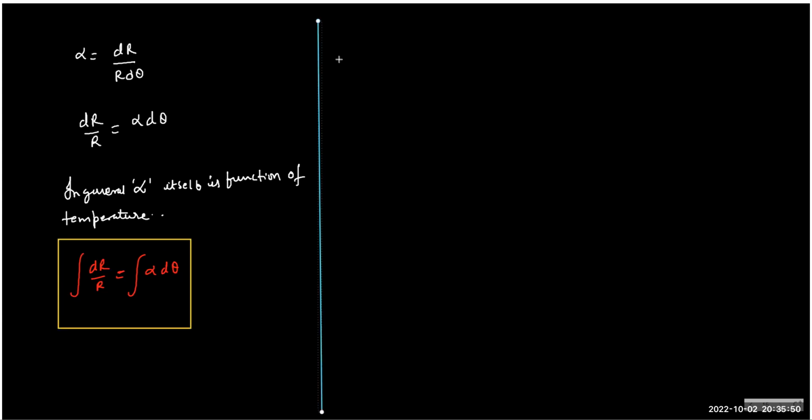Now, there is a special case for constant alpha. Let's say you are varying from 30 degree to 70 degree, and for that range of temperature alpha is not varying much. Definitely if you go from 0 degree to 300 degree, alpha is also changing.